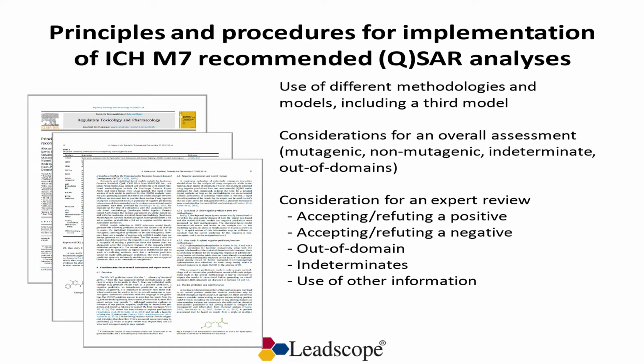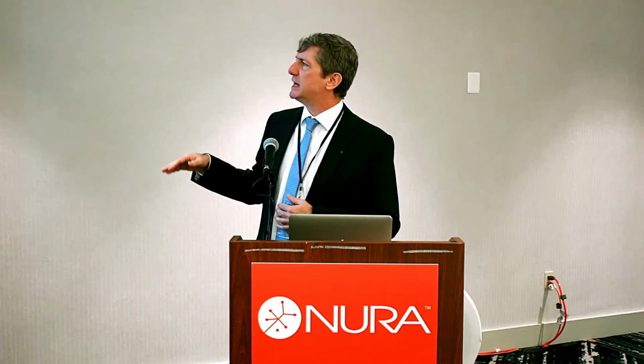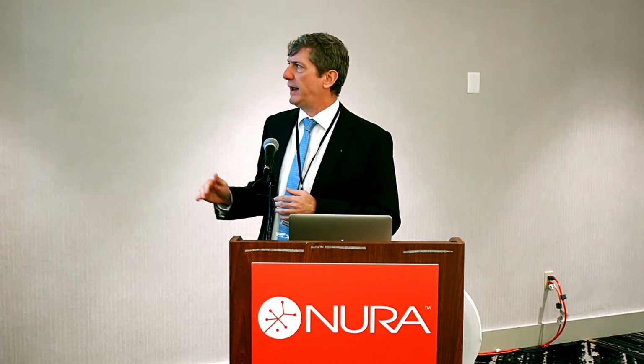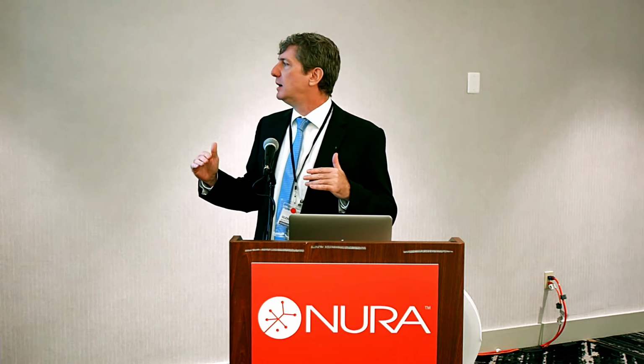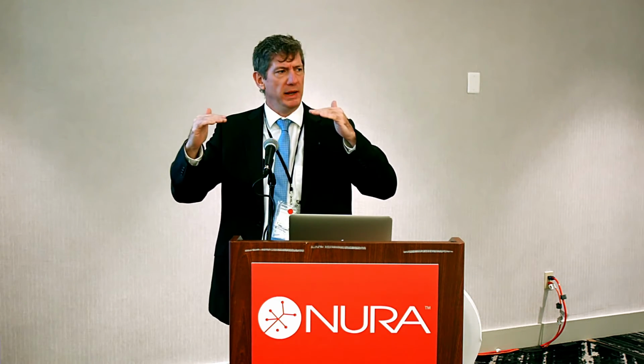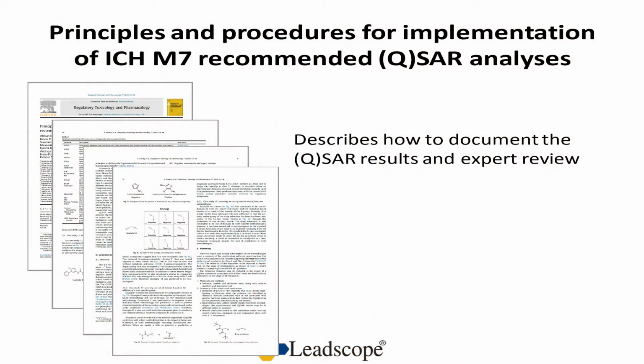So we applied that to about 15,000 chemicals, and you can see if you've got 2 negatives, the chances are it's about the same reproducibility as the Ames test. So it's quite low. It's about 8%. If you have 2 positives, we're likely to conclude it. But then we've got these things in between. We've got out of domain and a negative. What does that mean? Well, the paper will document what the relative risk is, and then it will suggest ways to perform an expert review that's consistent with that risk.